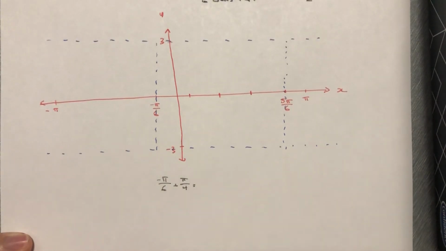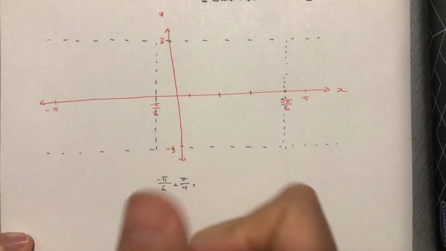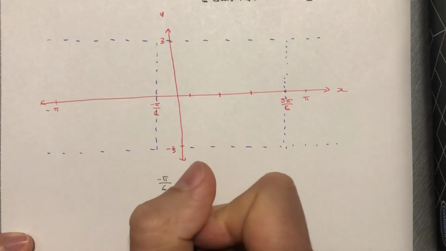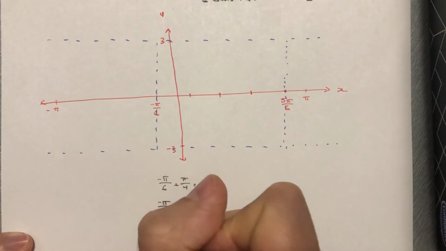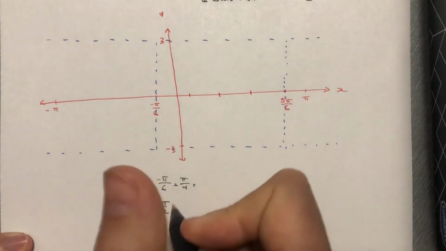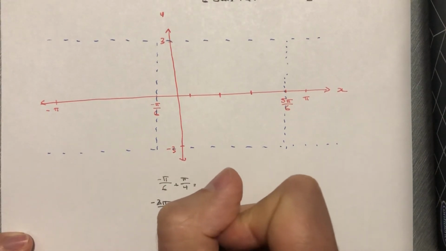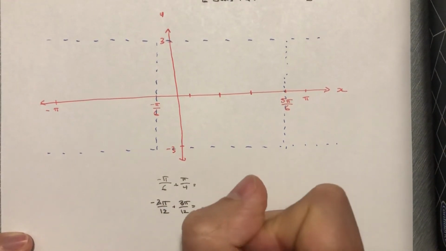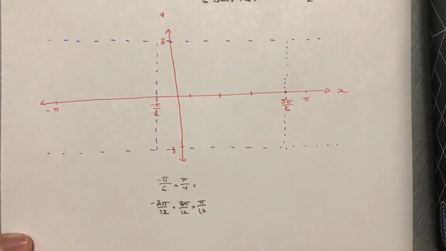What we need to do is work out what this is. So we just need to add fractions together. Alright, so you guys hopefully know how to add fractions together. So we need to make the denominators the same. So negative 2 pi on 12 plus 3 pi on 12 gives us pi on 12. So that point there must be pi on 12.